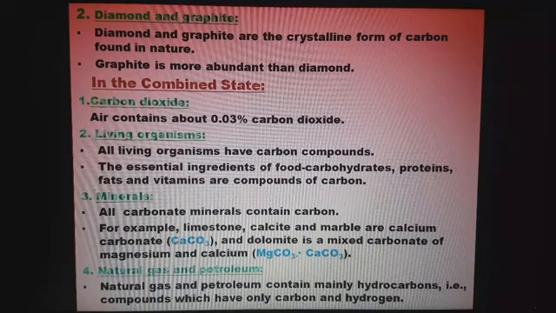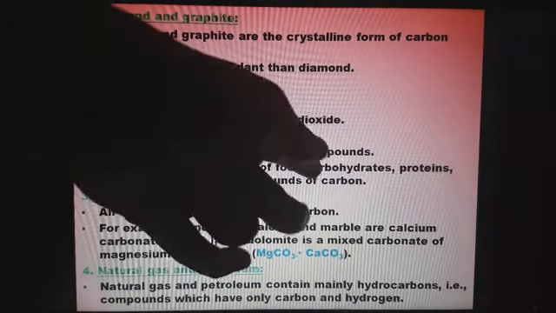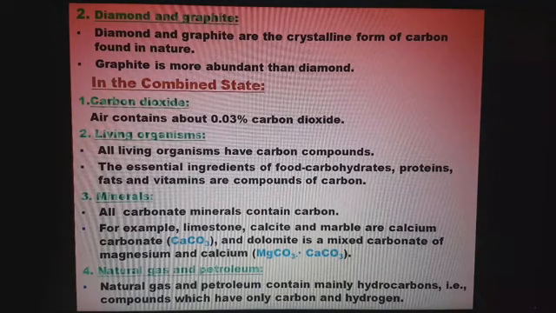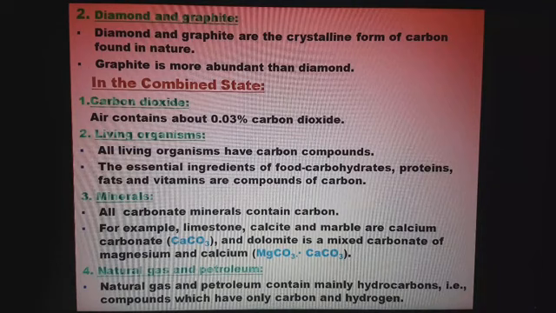We derive food from plants and animals, and all living organisms have carbon compounds. Okay, so the essential ingredient will be what? Carbon compounds only, because we are getting all these things from plants and animals. They have what? Carbon compounds. So that is why whatever food we eat also contains what? Carbon compounds.